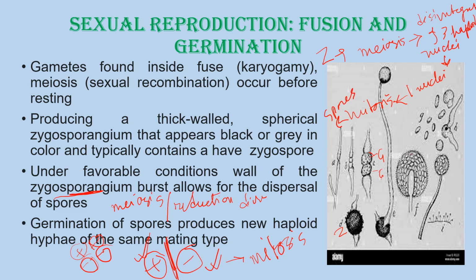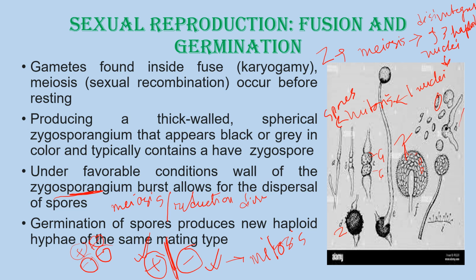So this zygosporangium contains many small spores, all of the same type, either positive strain or negative strain. Once all the spores are mature enough, there is disintegration, and the spores are liberated, and if the substratum is suitable, they will germinate into a mycelium.